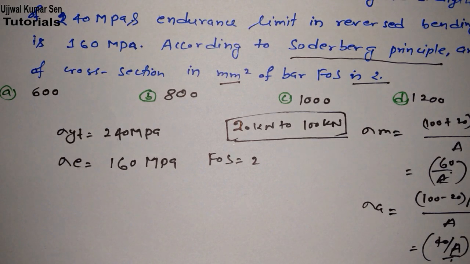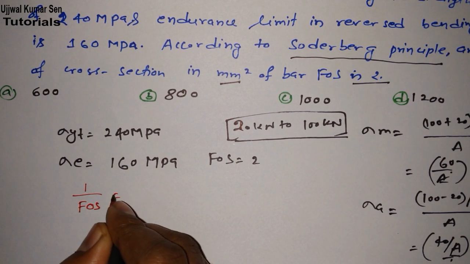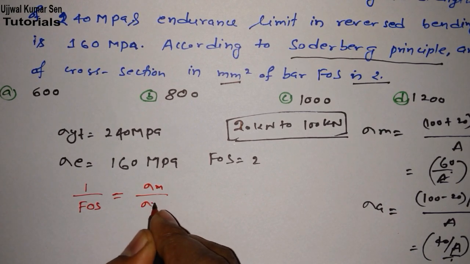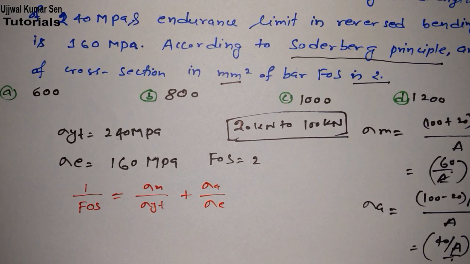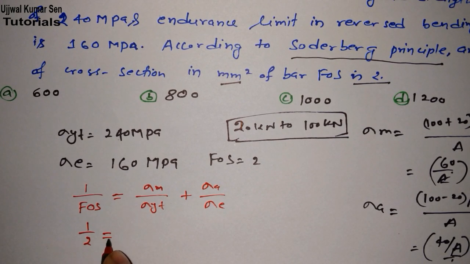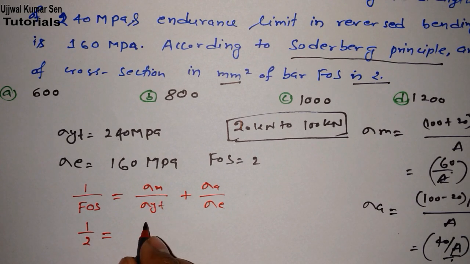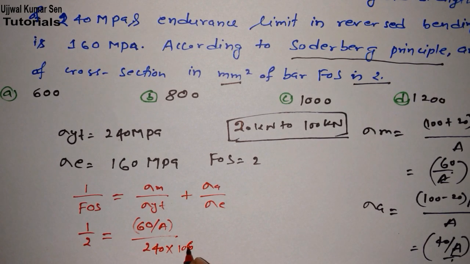Now let's go for it. 1 by FOS is equal to sigma m by sigma YT plus sigma A by sigma E. Now what is FOS? FOS is equal to 2, so 1 by 2. Sigma m is basically 60 by A, and sigma YT is 240 megapascal, so 240 into 10 to the power 6.